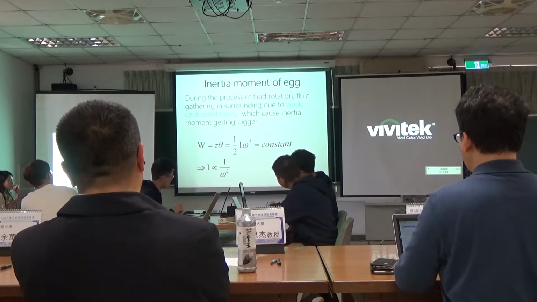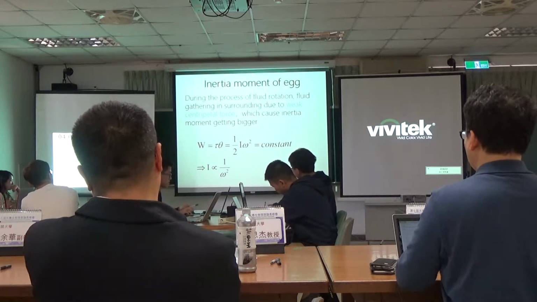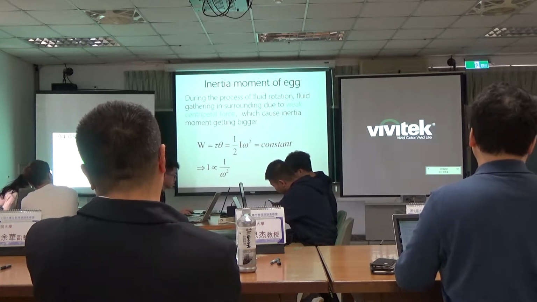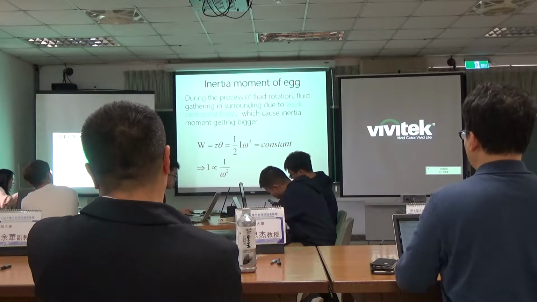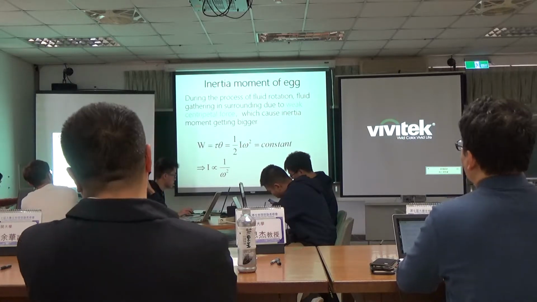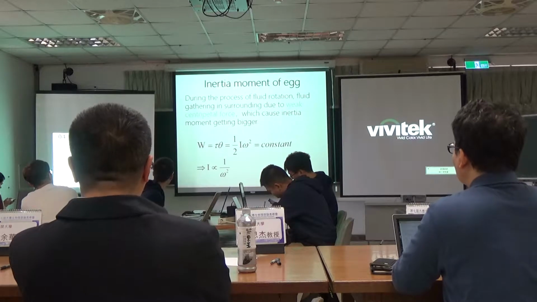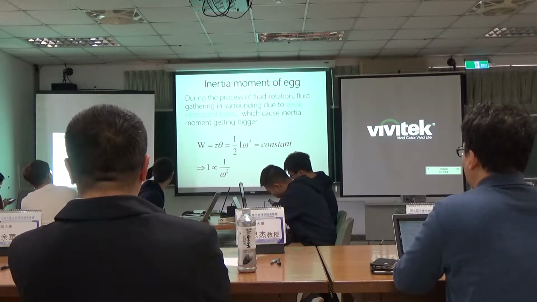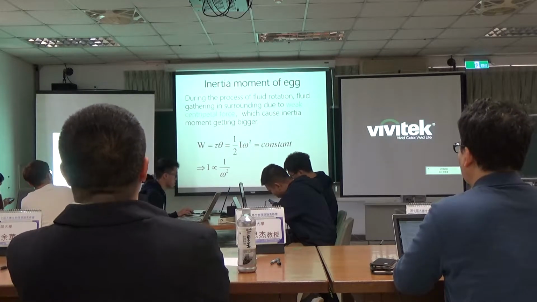So we come to the next property, the inertial moment of the egg. During fluid rotation, fluid gathers in the surrounding due to the weak centripetal force, which causes the inertia moment to get bigger. In this way, we use a rope to wrap the egg and twist it.